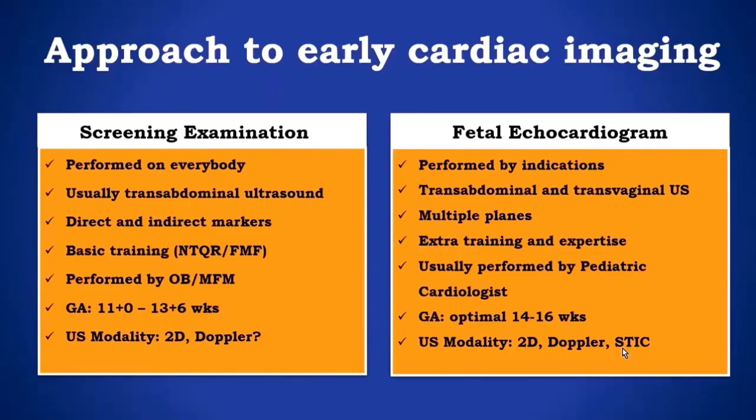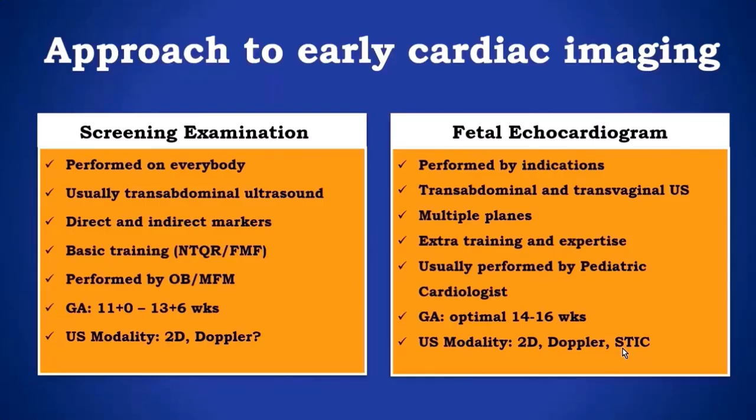The ultrasound modality that can be utilized for this type of exam is 2D imaging with the Doppler technique. The fetal echocardiogram, on the other hand, is a very specialized exam that is performed by indication. Usually the screening examination, if abnormal, leads to the fetal echocardiogram.